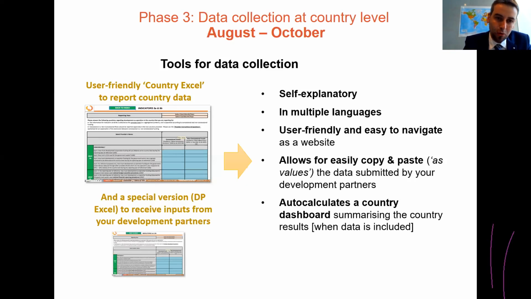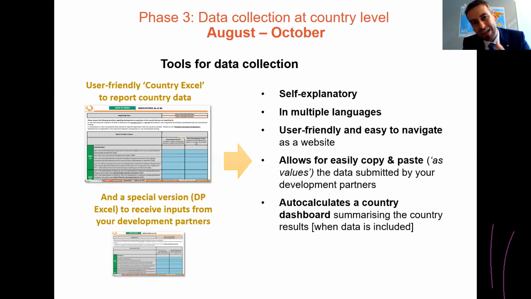You'll see also in the tool for your country that it contains at the end a profile, a country dashboard, so that as you input the information from the different development partners or from your country, you'll get the final scores automatically calculated. We're trying to avoid all the technicalities of last time.